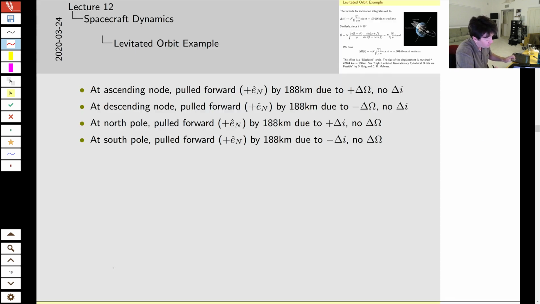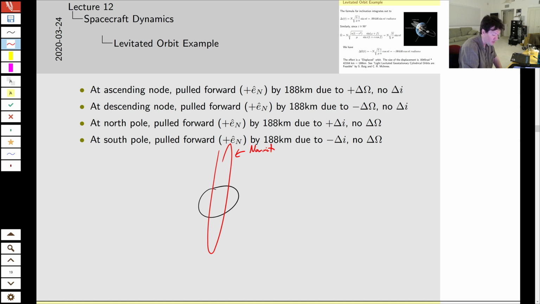So if we think about what we're displacing here, here's our planet, here's our orbit, here's our nominal orbit. Just erase that.